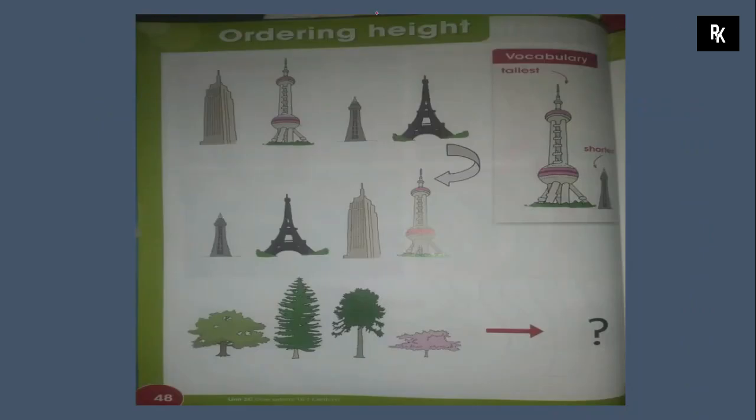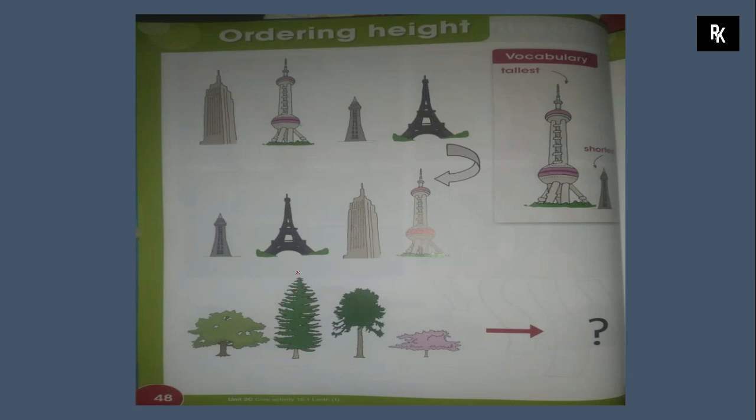Now come to page number 48 of your learner's book. Here we have some buildings, and these buildings are arranged in the correct order from shortest to the tallest. But here there is a question about trees, and they are asking to arrange them in their order. Here we will arrange these trees from tallest to the shortest.